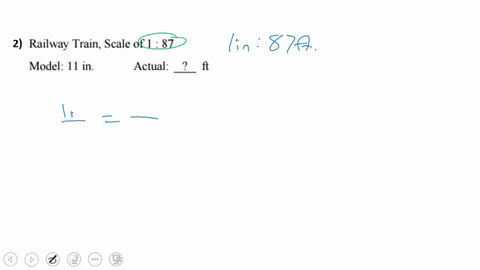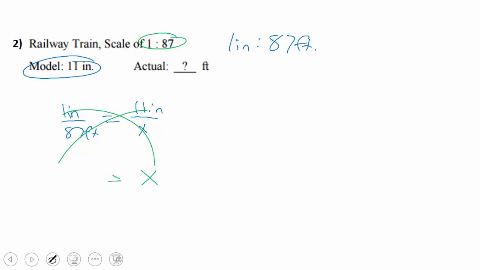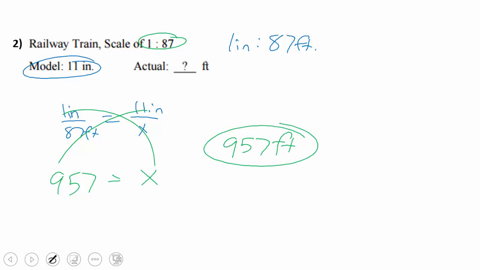We know the first ratio is 8 inches to 87 feet, and they gave us the actual 11 inches. Our unknown goes below. We use our cross products. X is equal to 957. So 957 feet is the actual train distance.